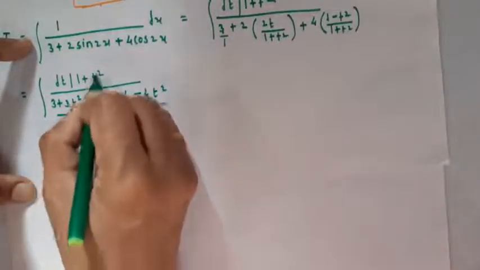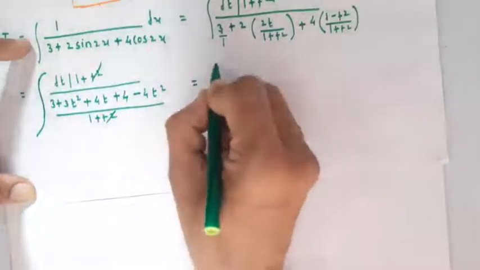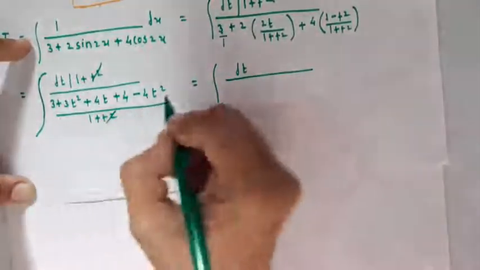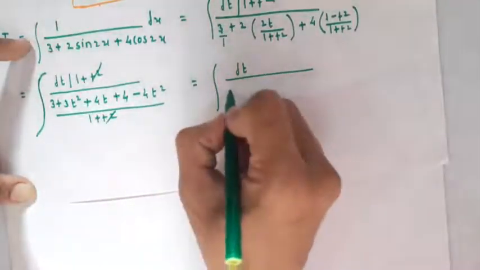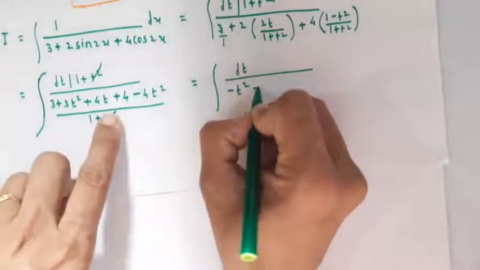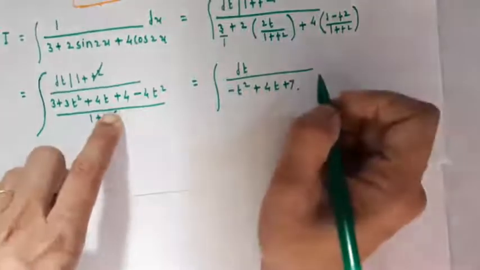The 1 plus t square terms in the numerator and denominator get cancelled, and now we have the integration with respect to t of 3 minus 4t square is minus t square, plus 4t and plus 7.